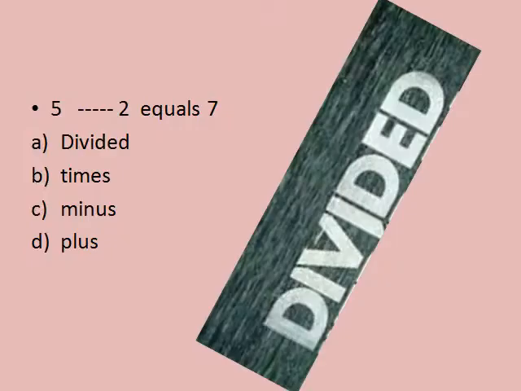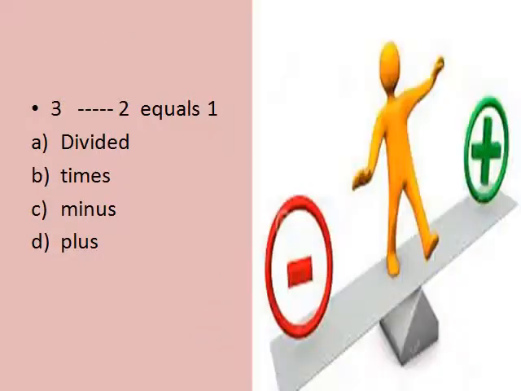By. 5, 2 equals 7. Divided, times, minus, plus. Plus. 3, 2 equals 1.